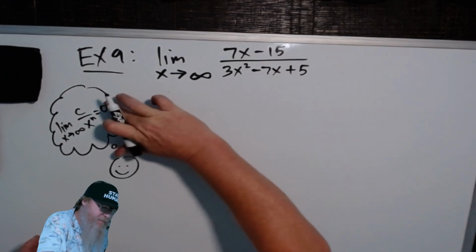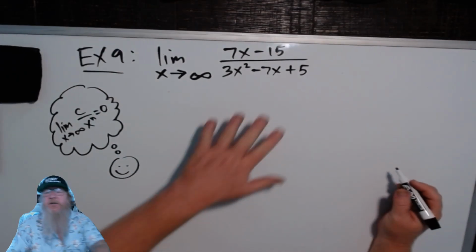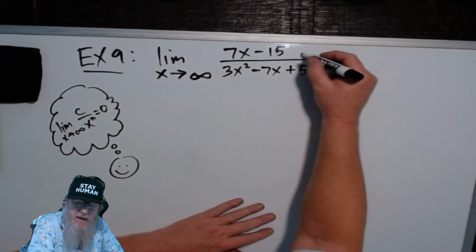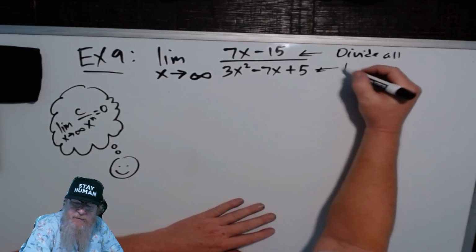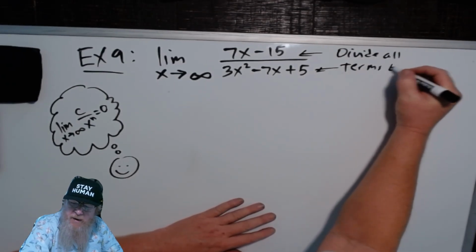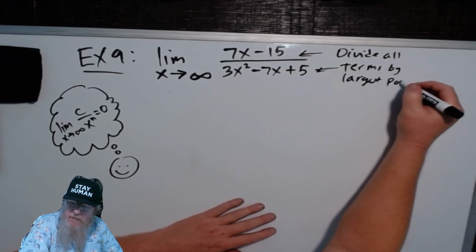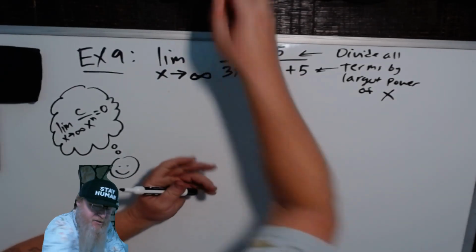I keep that in mind. That's my goal. So let's use algebra to do this. Let's divide everybody by the largest power of x, which in this case is x squared.